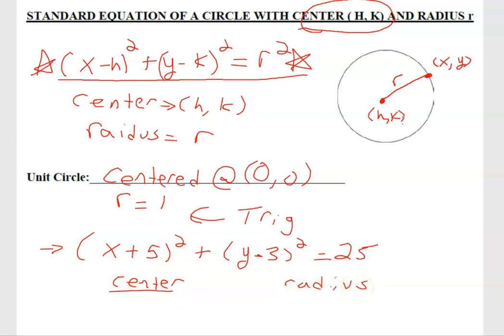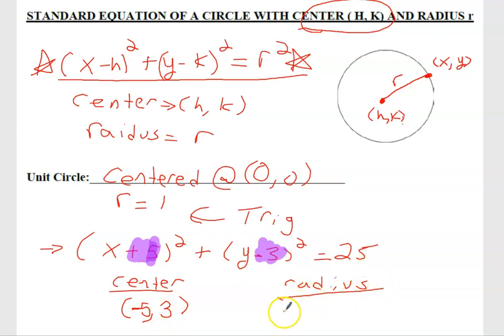The center of the circle is going to come from this point here and this point here. Our center is the opposite of the x value, so negative 5, and the opposite of the y value, which is 3.